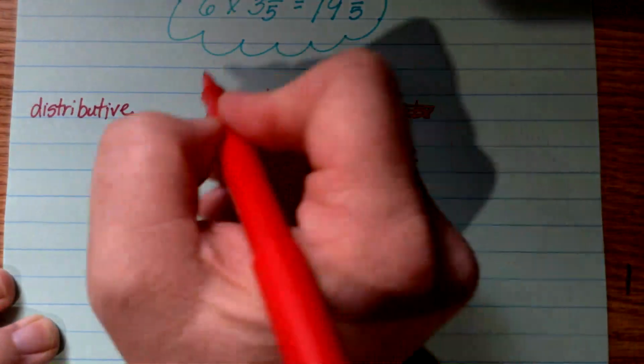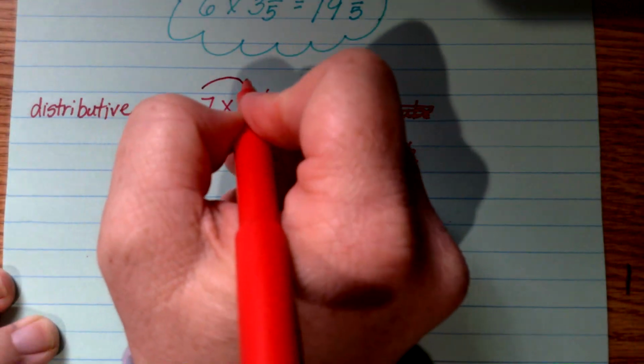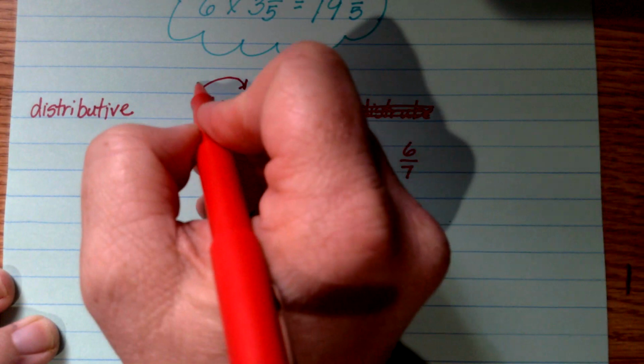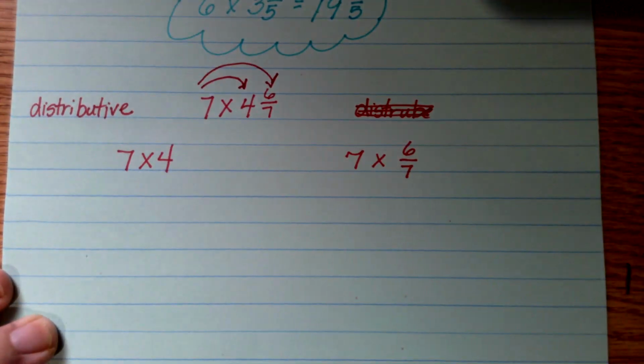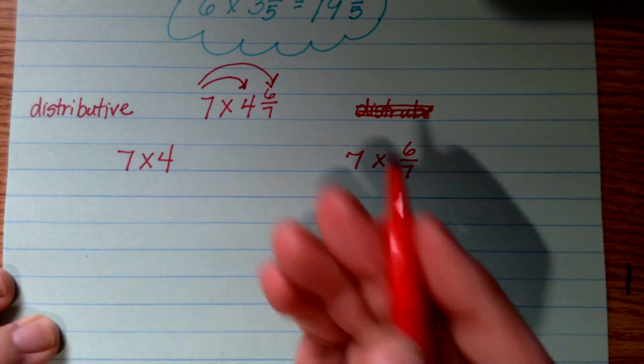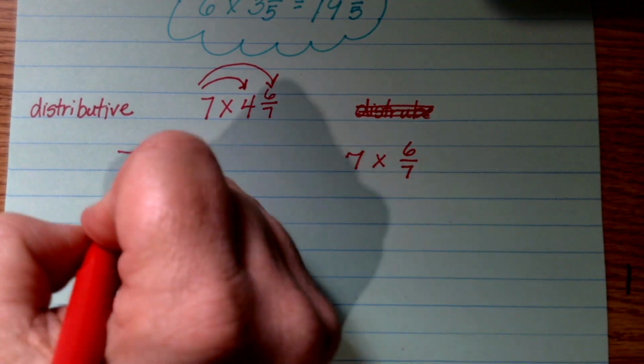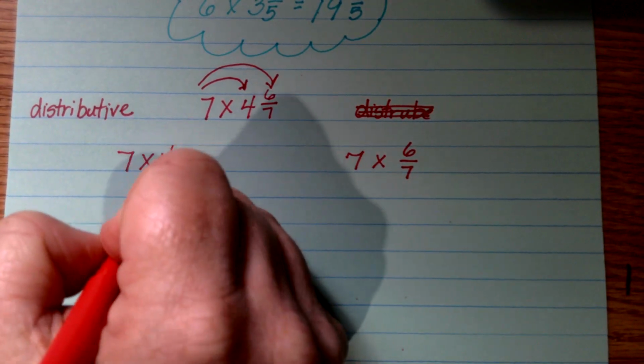All right, so we have made sure that the 7 has shaken hands with the 4 and the 7 has shaken hands with the 6/7. We have to make sure in a multiplication problem like this that every term is taken care of. So 7 times 4 is 28.